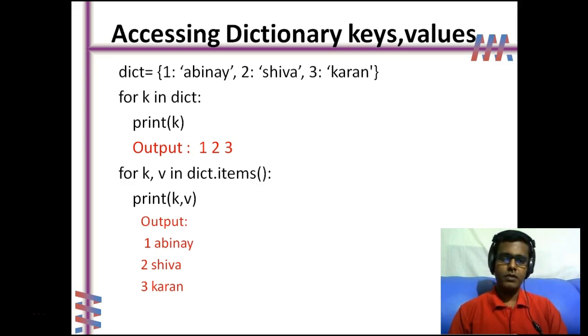So when I try to print k and v, it prints the key as well as the value. Your output will be roll number 1 Abhinay, then roll number 2 Shiva, then roll number 3 Karan. So this is about accessing the values and keys inside the for loop.